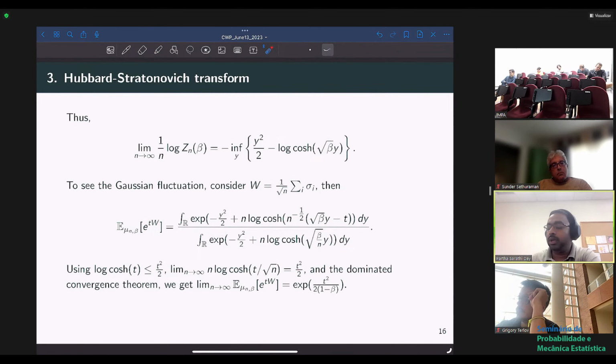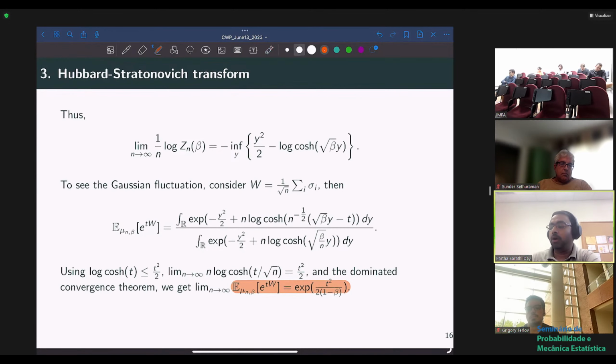So one can actually compute it exactly and take the limit. And it turns out that the limit is given by e to the power t squared divided by some constant. And you can see that this is actually a normal random variable moment generating function with mean 0 and variance 1 over 1 minus beta. So this also gives you another way of proving this behavior.